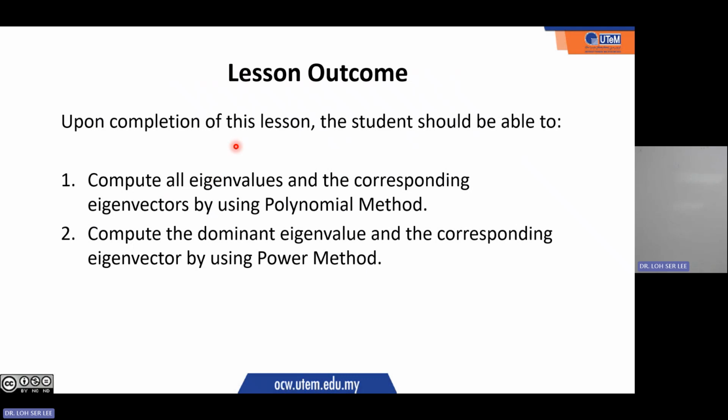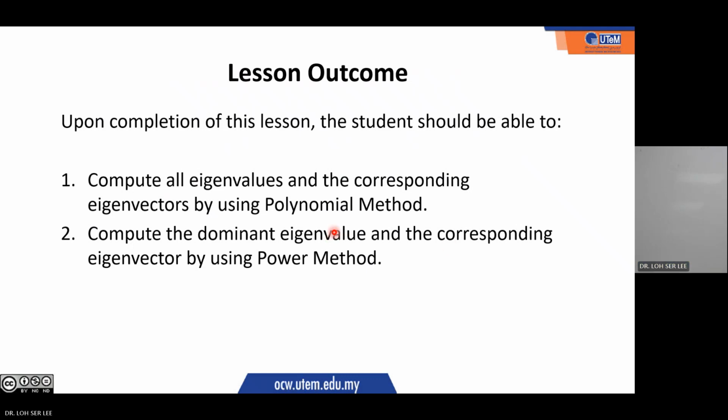For a 3 by 3 matrix, we have 3 eigenvalues and 3 eigenvectors if you use the polynomial method. But if you use the power method, we are just able to find the dominant eigenvalue. Among the 3 eigenvalues, we obtain only the dominant one.